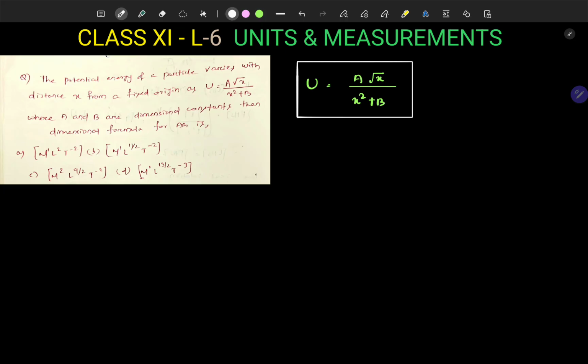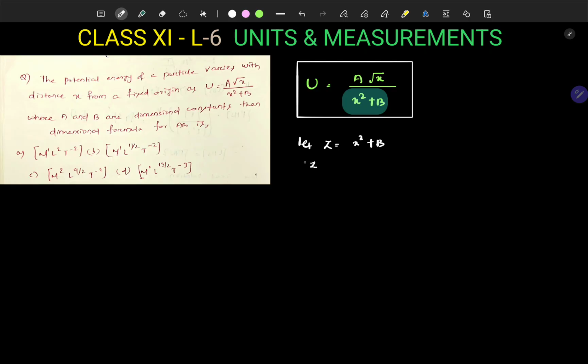That means you have to find the dimension of A, then the dimension of B, and then the dimension of the product AB. Here in this expression, x square plus b is meaningful, that means addition is meaningful. So let z equal x square plus b.